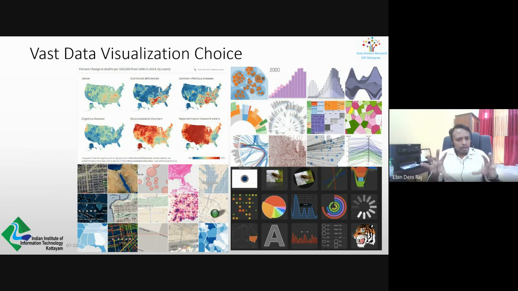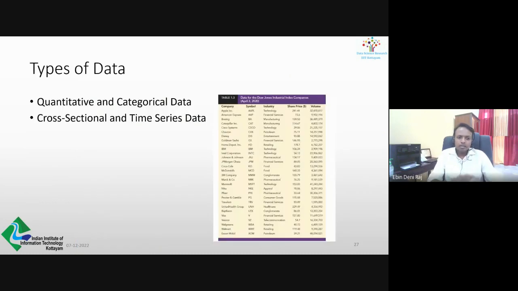So I'll just try to briefly give an overview about the different kinds of data which you might come across, especially from a visualization perspective. Usually we have the quantitative data, where you have numerical values that could be used to indicate things like magnitude, or any value which tells you how many or how much.